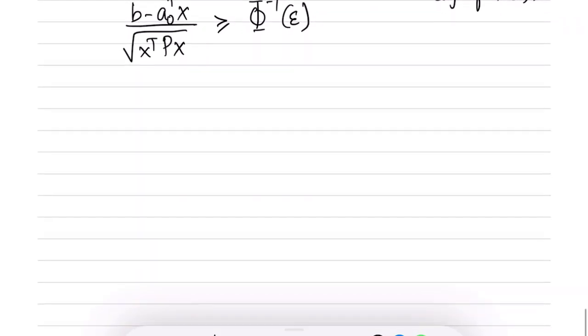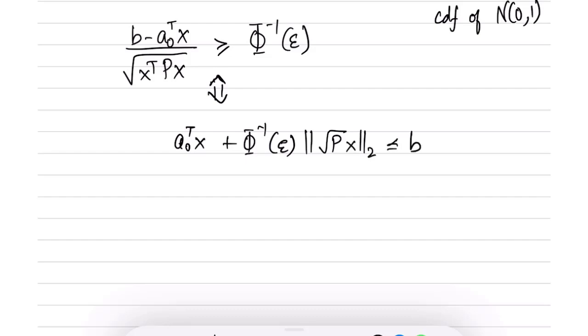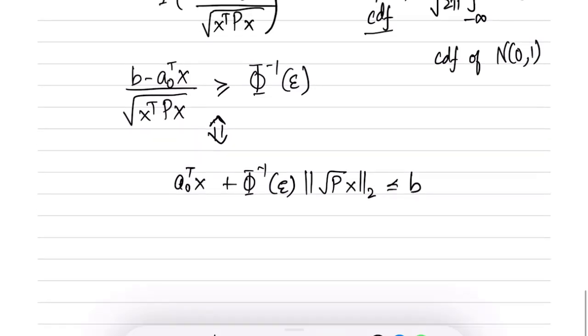So this constraint can be written as A naught transpose X plus phi inverse of epsilon times the norm of square root of P times X, less than or equal to B.